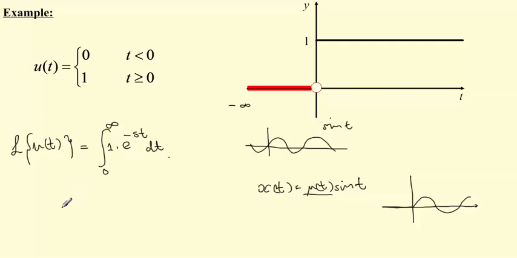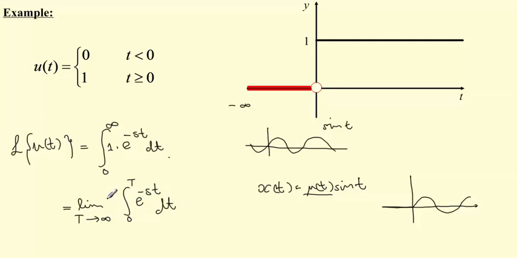Now, to compute this, we have to evaluate this improper integral, which we're going to do by introducing a limiting process here. In this way, we calculate the limit as T goes to infinity of the integral from 0 to T of e to the minus st dt.